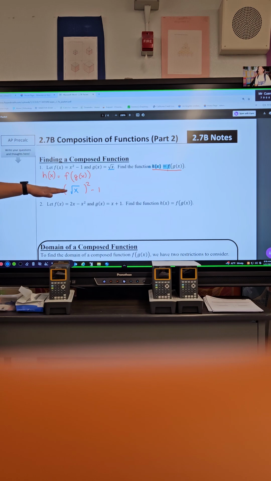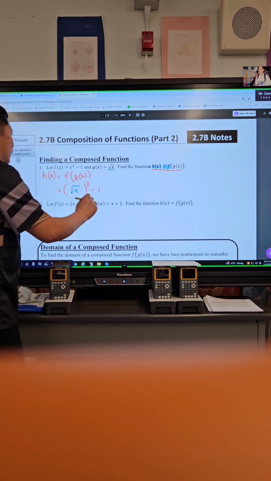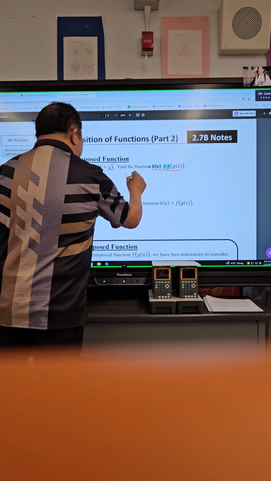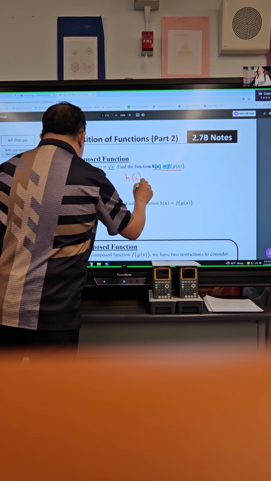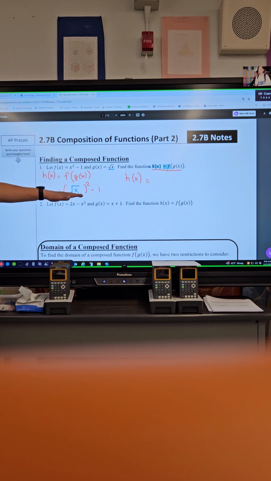So what you notice right here, noticing that h of x is equal to, and then noticing right here, you guys speak up, x minus 1. x minus 1. Why?